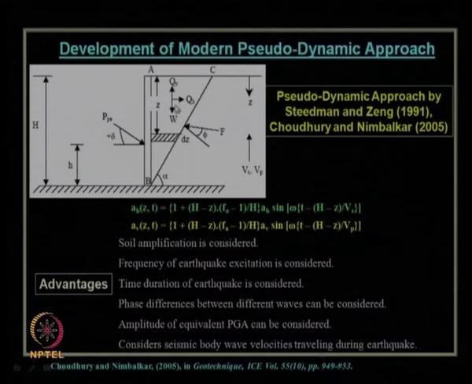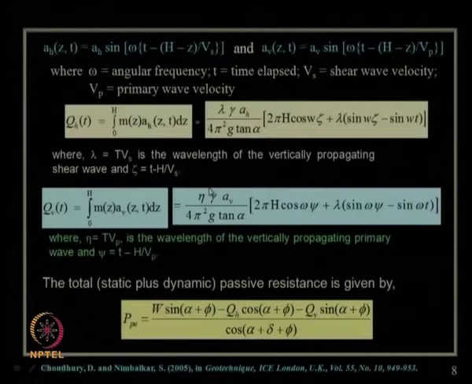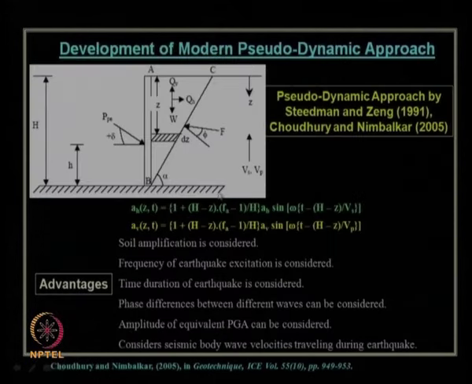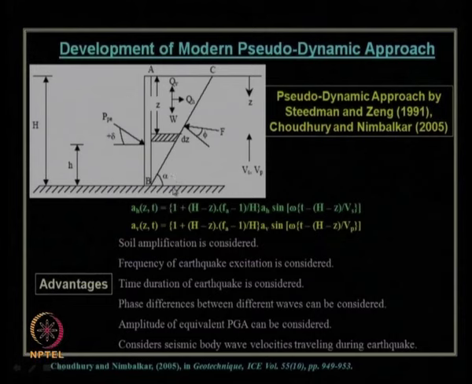So, what has been done after finding out the QH and QV expressions? W is already known, as I said. Then the limiting equilibrium of all these forces involved was considered. Once you do the limiting equilibrium of all the forces involved in this two-dimensional problem, the total, that is static plus dynamic passive resistance, can be obtained like this, which needs to be optimized with respect to this angle alpha.